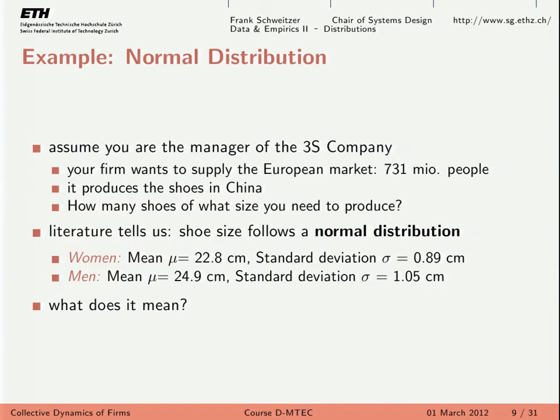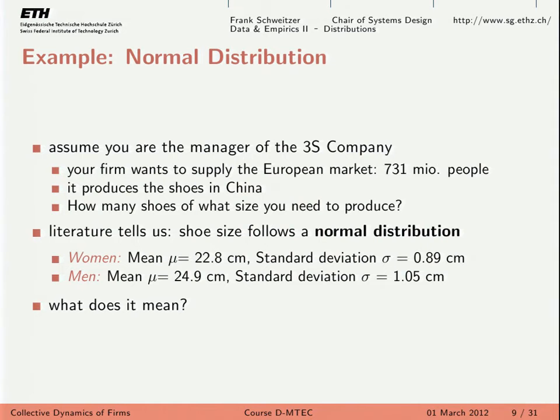case. So let's assume you are the manager of this shoe company. And you want to produce shoes for the European market. So the total market size is more than 700 million people. So it's certainly worth the effort to think about this market, in particular since the people obviously have the money to pay for the shoes, right?